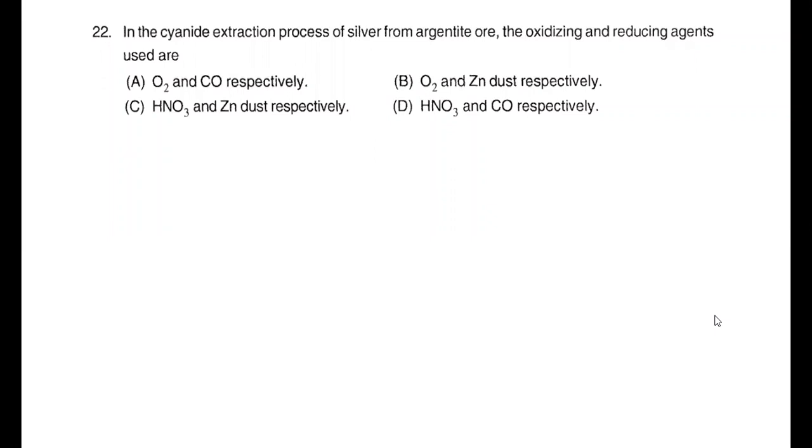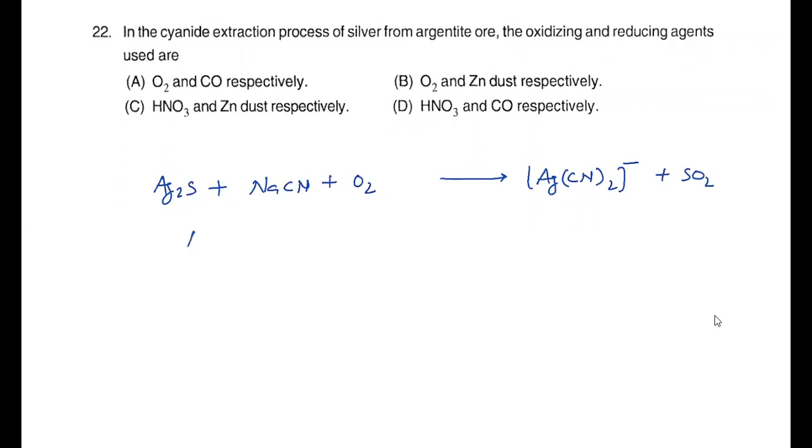So if we write the complete equation, it is Ag2S plus NaCN plus oxygen. So in this process, first it will oxidize to [Ag(CN)2]- and SO2 gas. And further, this [Ag(CN)2]- is reduced by zinc, forming silver and a complex of zinc.